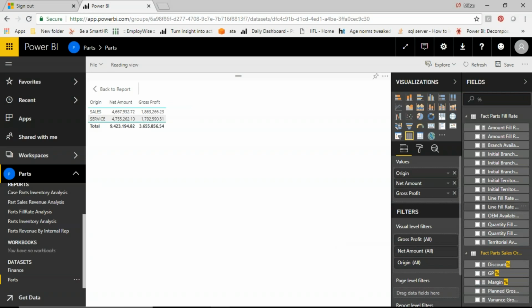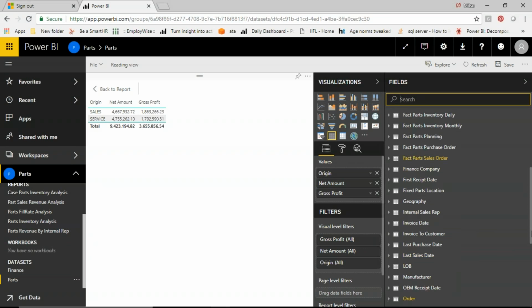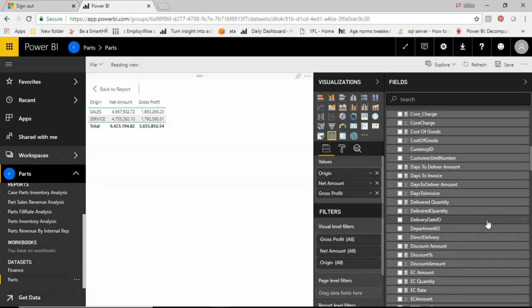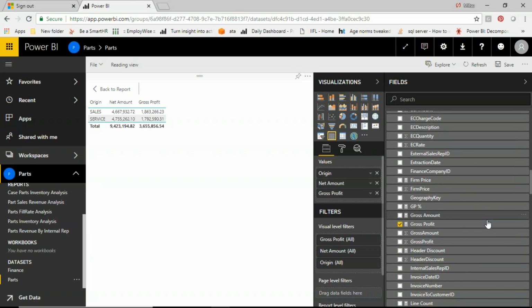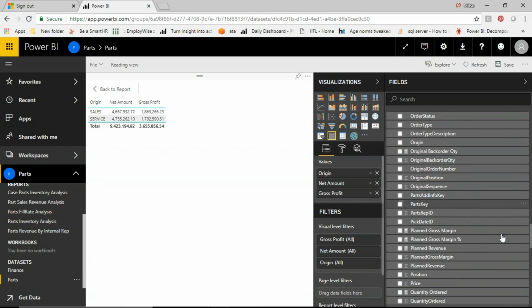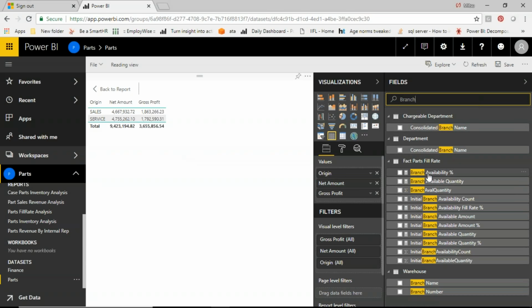Was it adding it instead of averaging? I'll fix that. Something's weird about that. But yeah, once you get this, and then you need the branch.